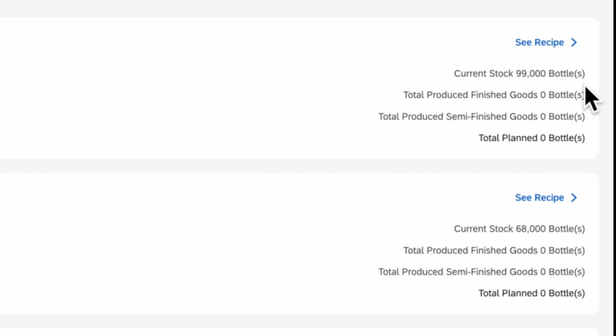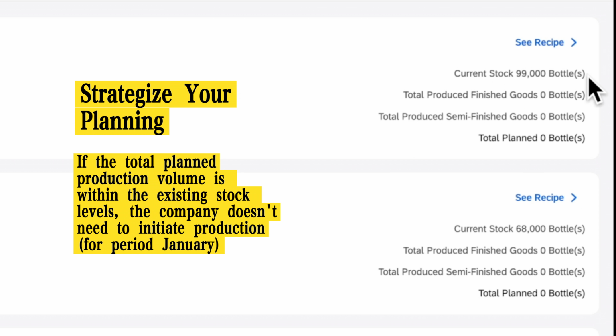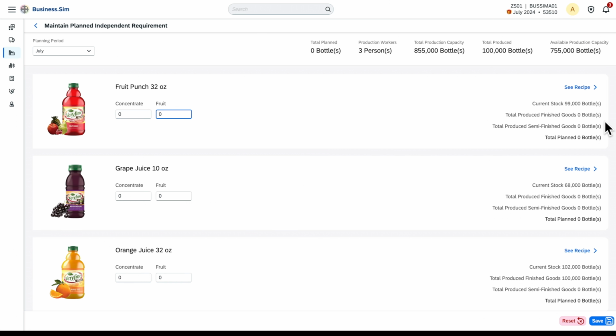Going back, for each juice, there is information about how many total juice stocks you currently have. When you want to make a plan, the amount of juice to be produced decreases according to the stock amount. When your planning amount is below or equal to the stock amount, your company does not need to produce juice because the existing stock has met your planning amount.